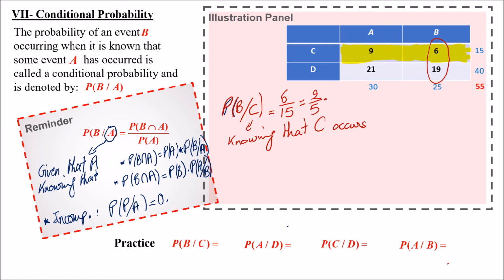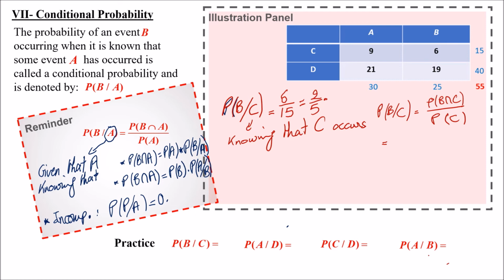Let us solve it by the formula. We know that P of B given C is equal to P of B intersection C over P of C. B intersection C: here this is C and this is B, they intersect at 6, so it is 6 over 55.